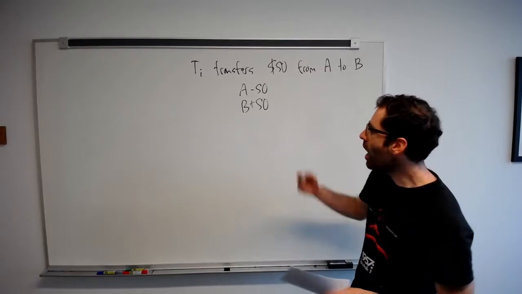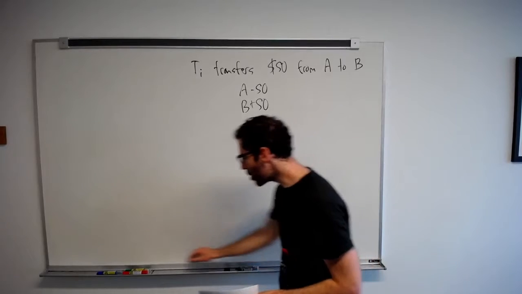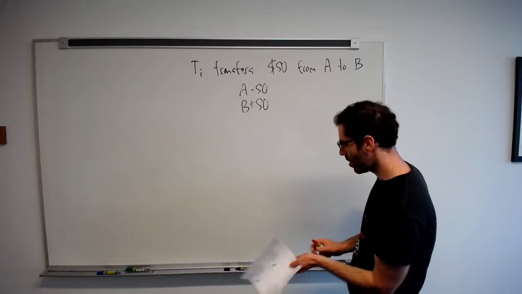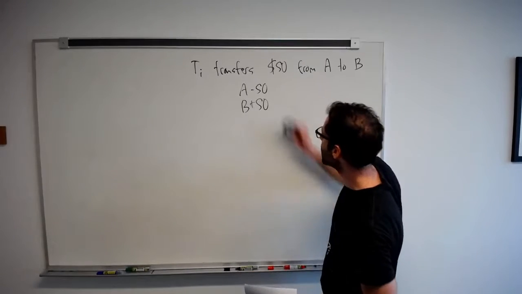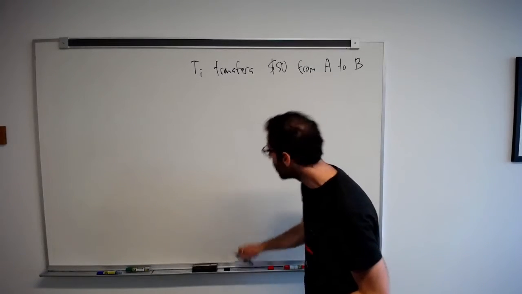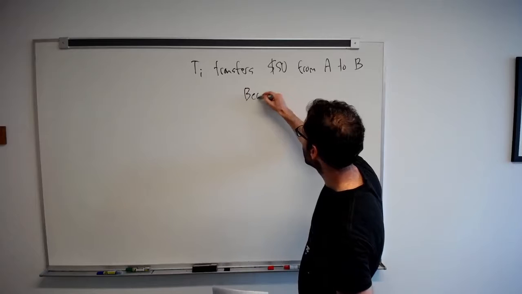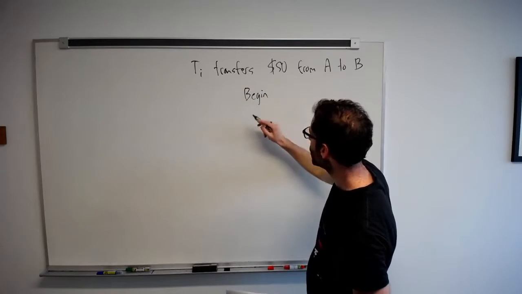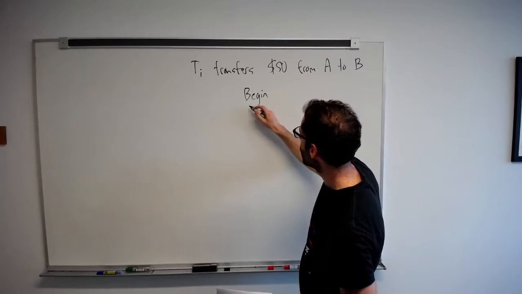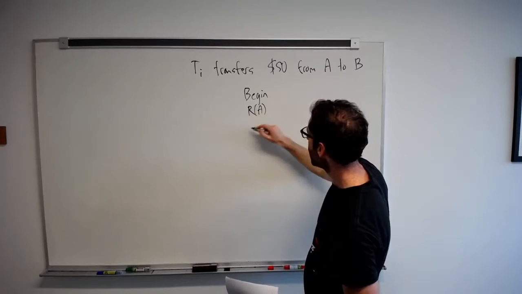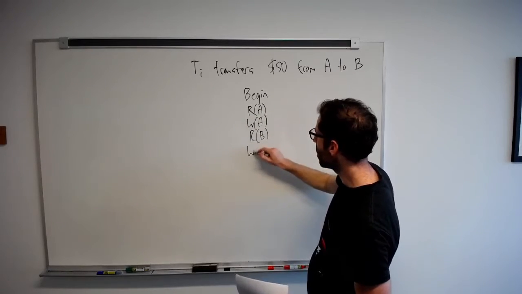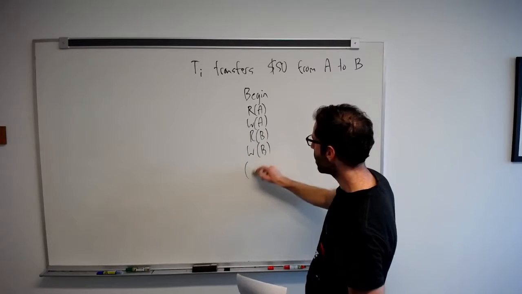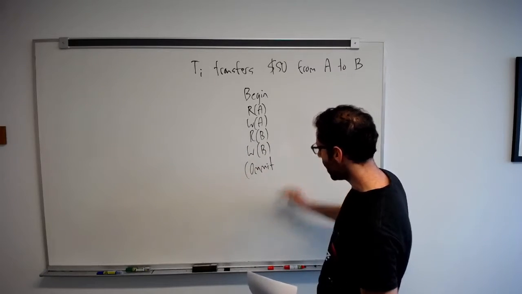And so a failure may occur at any point here. We begin our transaction, we read A, write A, read B, write B, and commit.